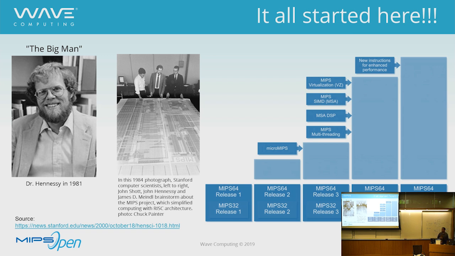The project that started in 1981, and this is 2019, has gone through many releases, as you can see, from MIPS32/64 release 1 through release 6. That's the latest architecture that we have.